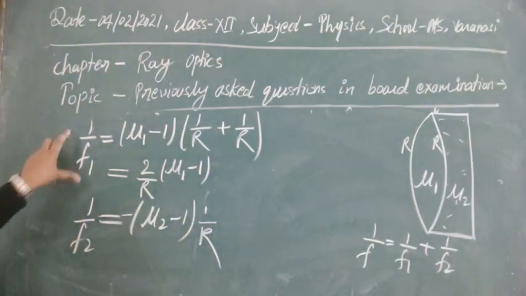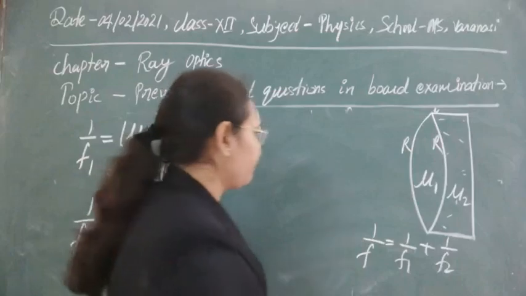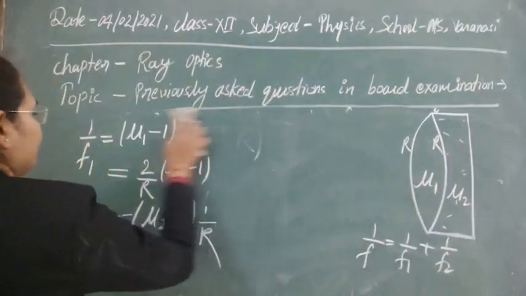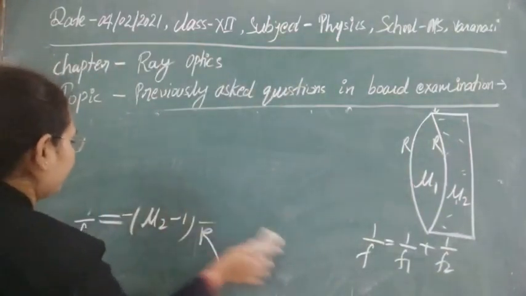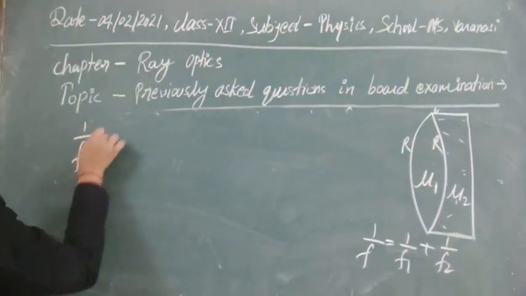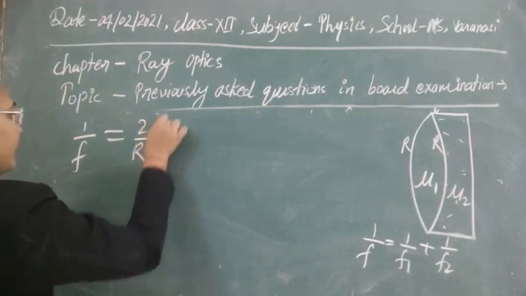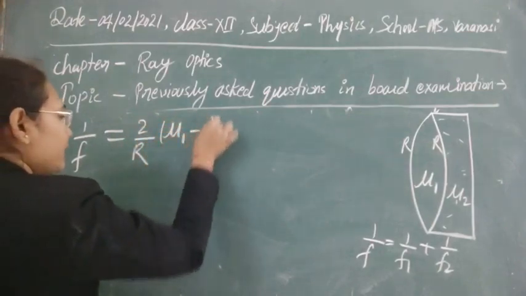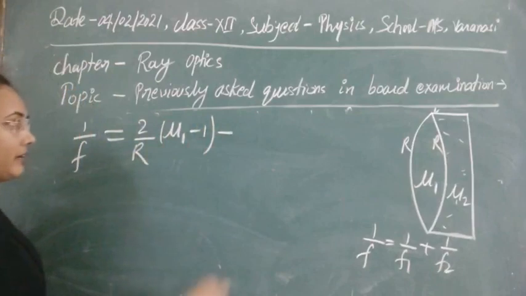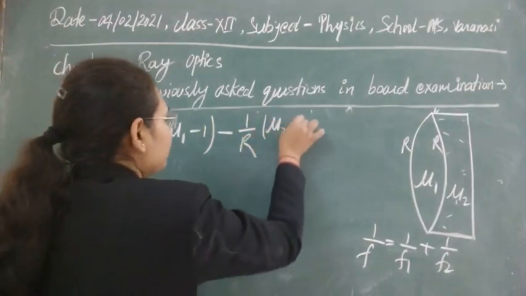Now we have the values of 1 upon f1 and 1 upon f2. Let's put them here. So 1 upon f is equal to 1 upon f1, which is 2 by r (mu1 minus 1), plus 1 by f2, which is minus 1 by r (mu2 minus 1).